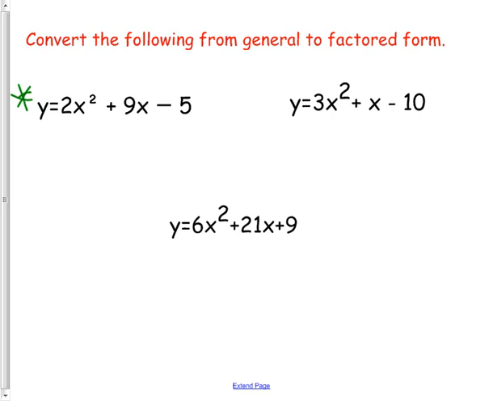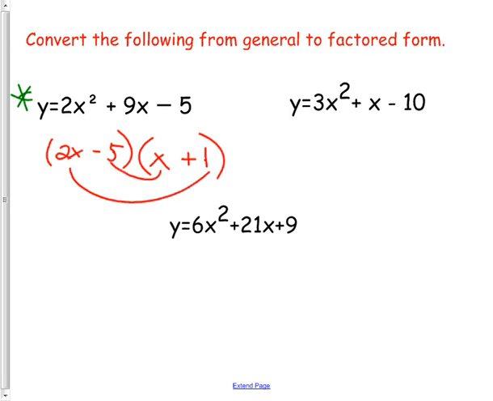So your first thought should be two sets of parentheses, and not just an x and an x, but a 2x and an x. Then you should be thinking, these two numbers have to multiply to negative 5, so one of them needs to be negative. So if I stick like negative 5 here and positive 1, and then just try it. Outside, inside. That makes a total of negative 3x.